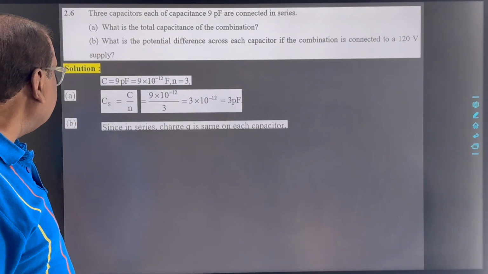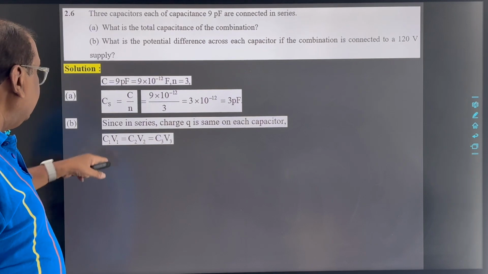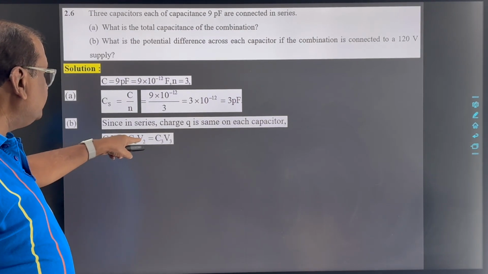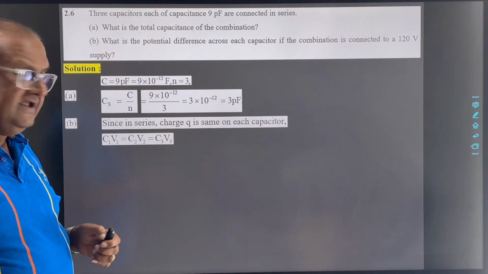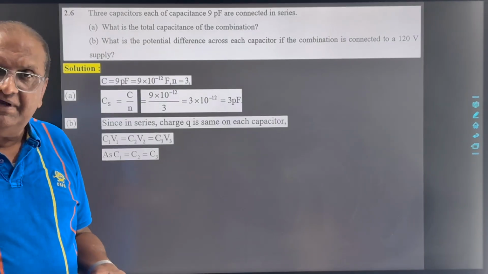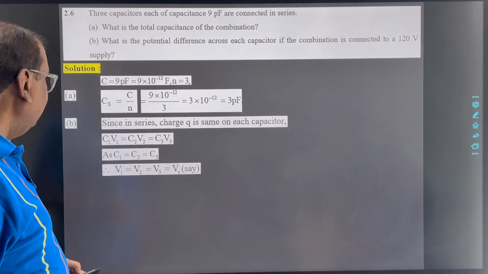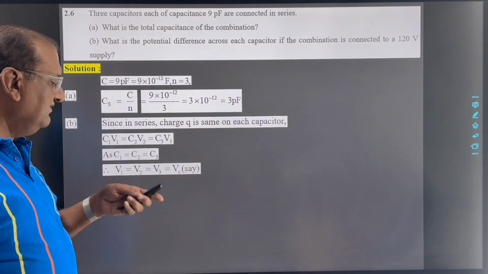So here we can write Q equal to C1 V1 equal to C2 V2 equal to C3 V3. Q is the same, C1, C2, C3 are the same. So V1, V2, V3 will also be the same, and say that is Vc.